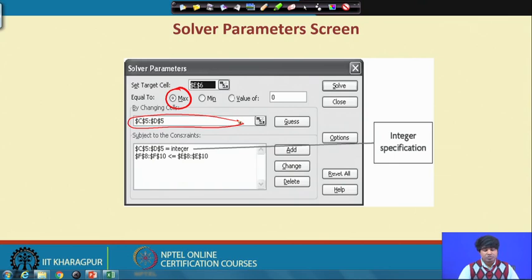that is, maximizing z equal to Cx, that means C1 x1 plus C2 x2. Since it is a two variable case, there will be only two different terms, and then we have the constraints. So, we put in the constraints and look for the solution. Now, if there is no integer specification, then you just add the constraints and ask the solver to give the solution.